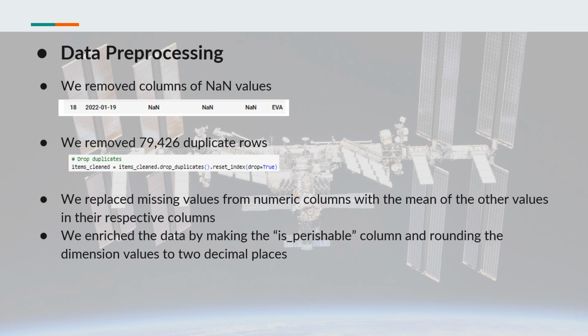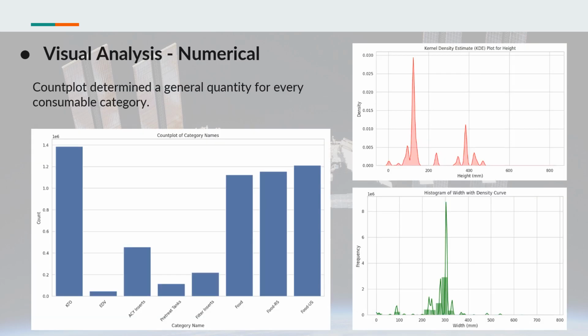So we removed the not a number values, and when we used the drop duplicates method, almost 80,000 rows were deleted. In order to do that, we needed to switch the data type to datetime and remove the hours and minutes from it.